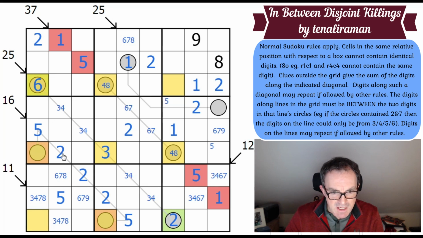So in this set, there's definitely a 1 in one of those 2. 2, 3, 4... I've not got 5. I've got 6. So 5, 7 and 9. Is that right?